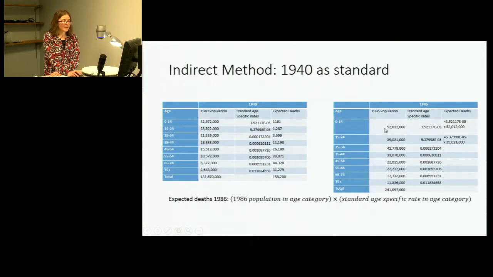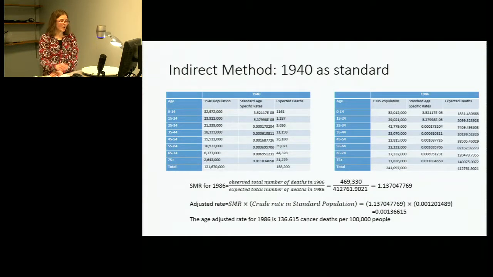I'm multiplying the size of the population in each age group by the standard age-specific rate to figure out the expected number of deaths.